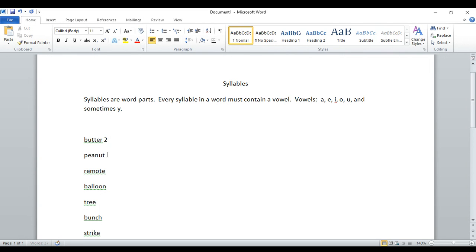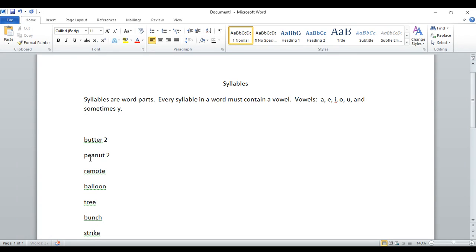And then when we go to this word, peanut, that has two syllables. The E and the A work together, and the U is in the second part. So this one also has two syllables. I wanted to show you some of these words because some of them have more vowels than syllables.